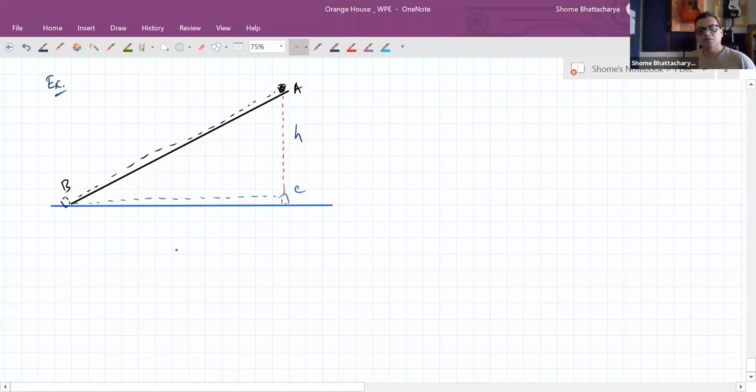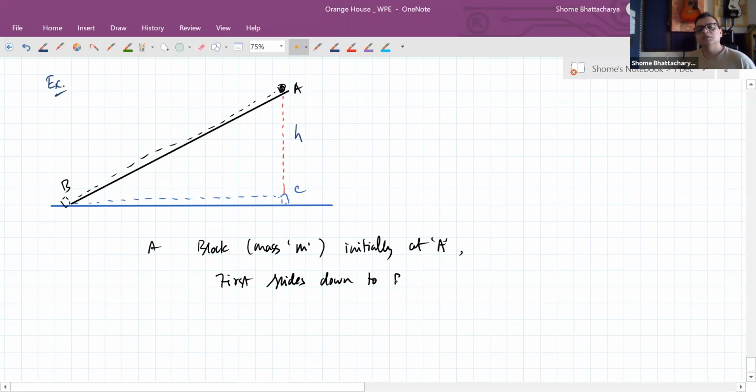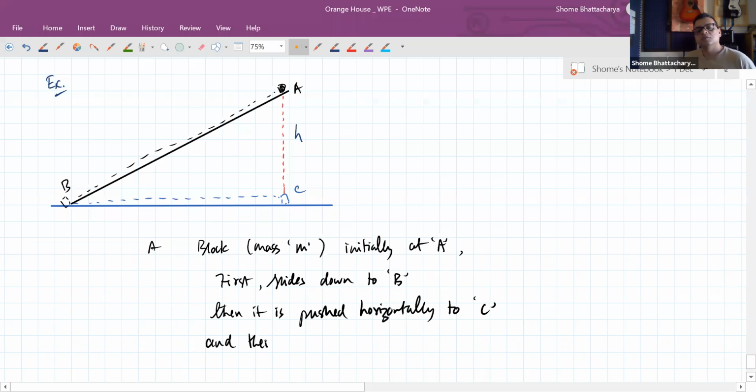So for example, a block of mass m initially at the position A. So it first slides down to B. Then it is pushed horizontally to C. And then finally it is lifted from C to A again.